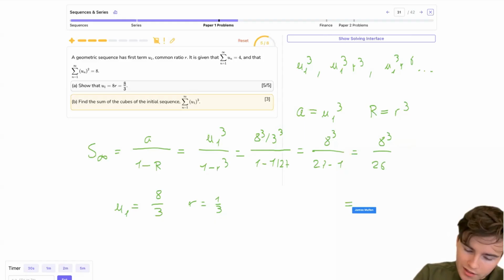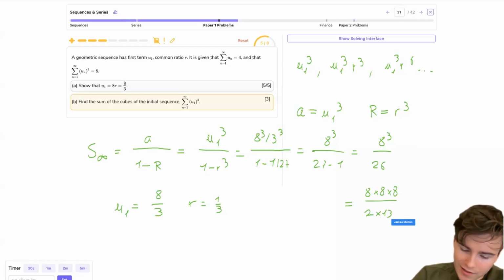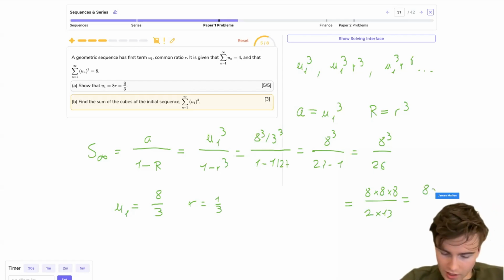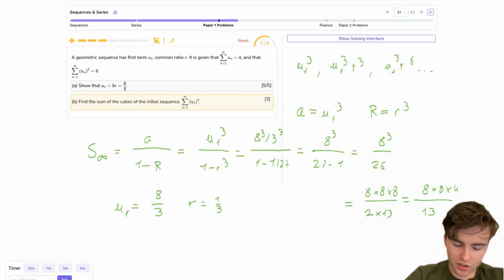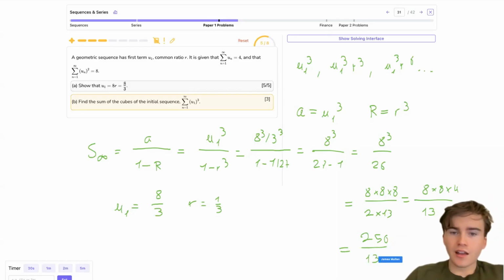And 8 cubed is 8 times 8 times 8. And this is 2 times 13. So I can cancel that, and I can say 8 times 8 times 4 over 13. So 8 times 8 is 64, times 4 is 256. So 256 over 13, that is my final answer.